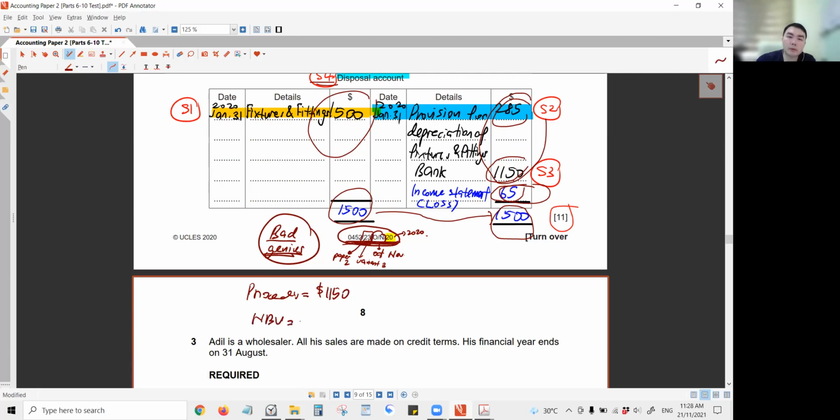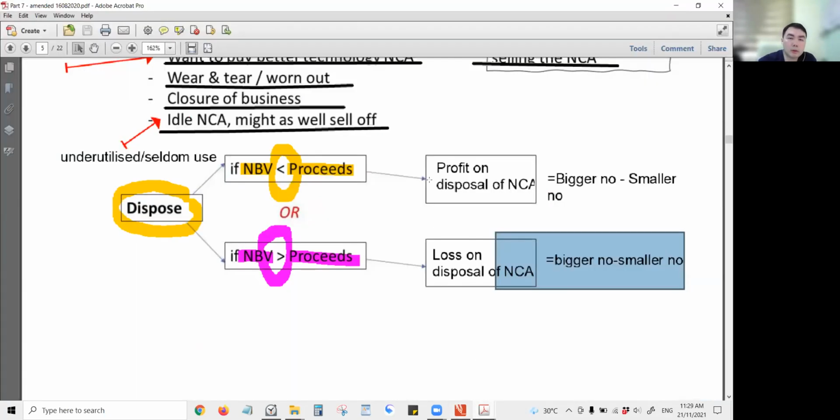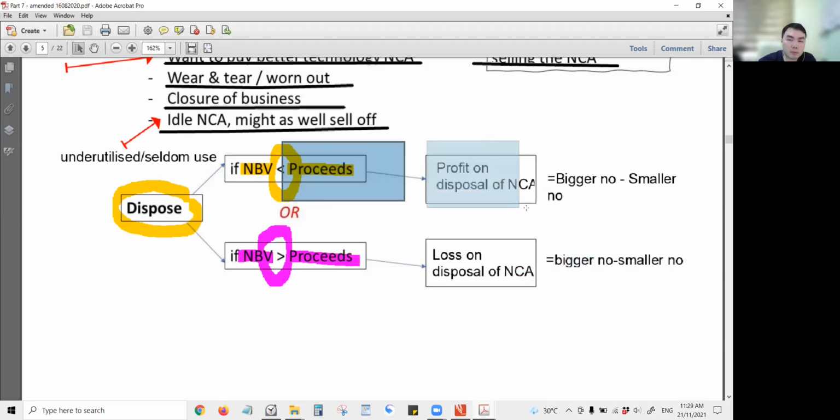Net book value is 1500 minus 285. Okay, have to revise the topic really, otherwise you would forget easily. 1215. Net book value is 1215. Proceeds is 1150. Then you see which number is greater. If proceeds greater, then profit on disposal.